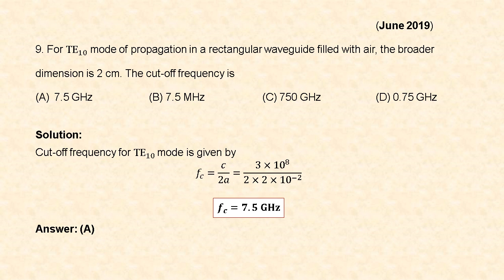Since we have to enter the dimension in meters, it is 2 into 10 to the power minus 2. Simplifying, Fc is equal to 7.5 GHz. That is the cutoff frequency for the dominant mode, TE10 mode, 7.5 GHz. So option A is correct.